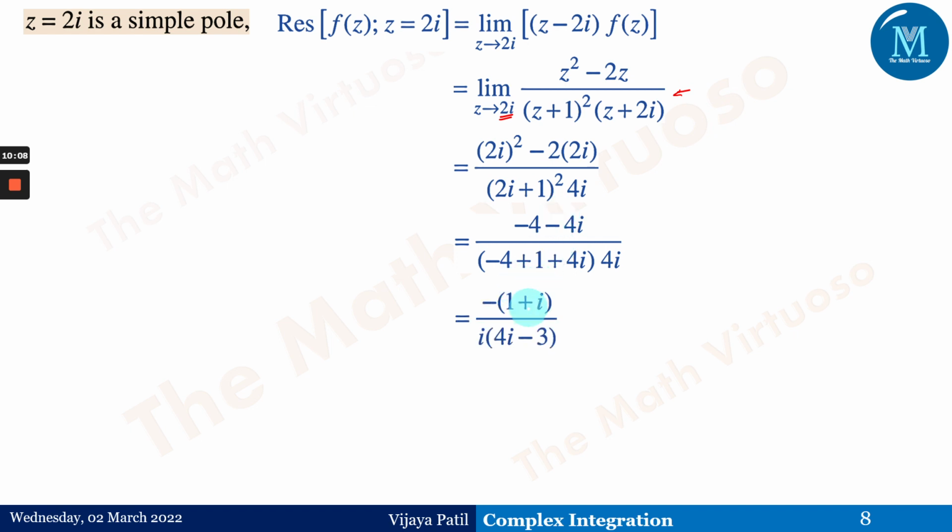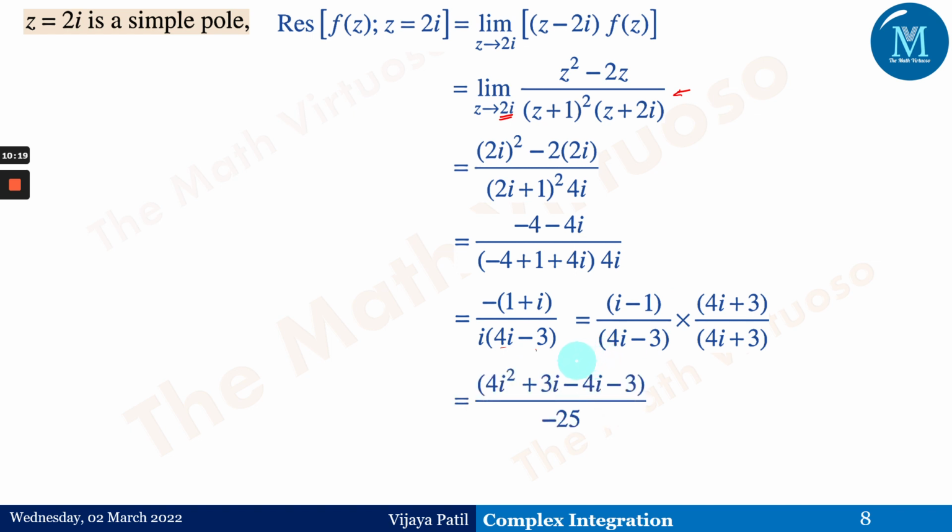Then we go ahead with the rationalization of 4i minus 3, multiplying and dividing, because we want the answer in the simple format, or you can say the x plus iy format. That is the reason it is 7 plus i upon 25 as the final answer for the residue of f of z at z equals 2i.